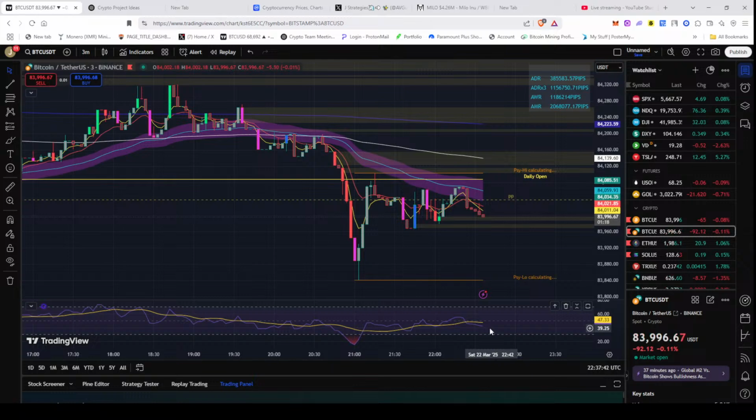So basically, it's a waiting game, a waiting game to see, because we are on a 3-minute time frame right here, okay? And looks like that RSI is basically just sitting steady right there, okay? 6:38.